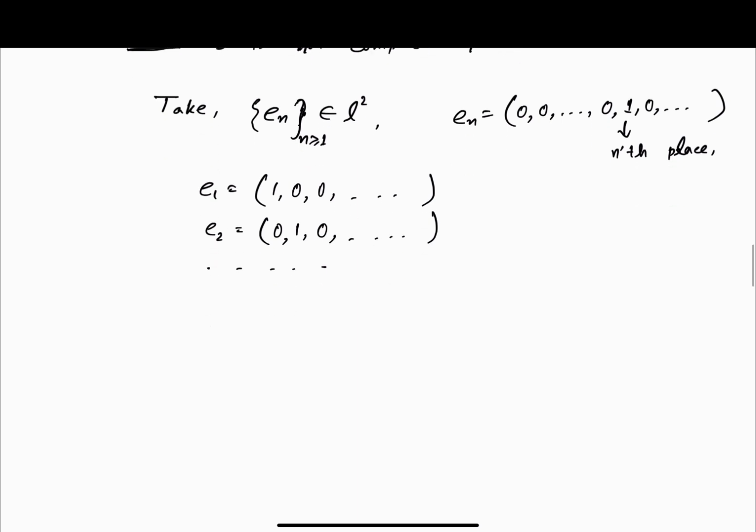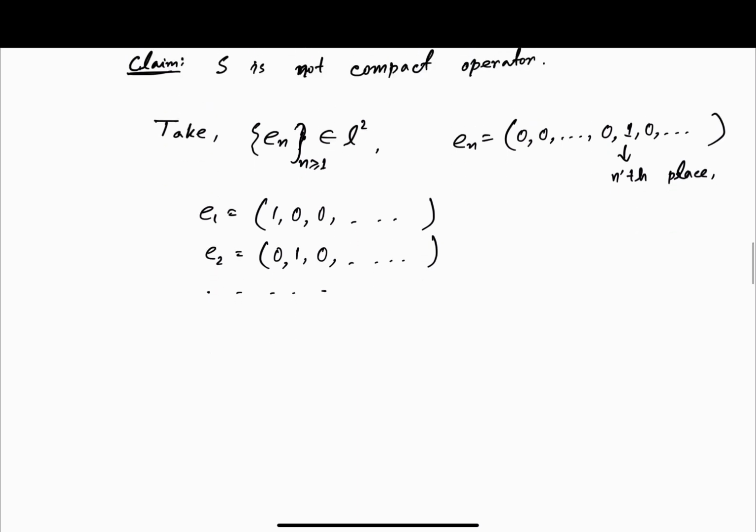And what is the norm of en? Only one term is there, so the l2 norm is 1 for all n.